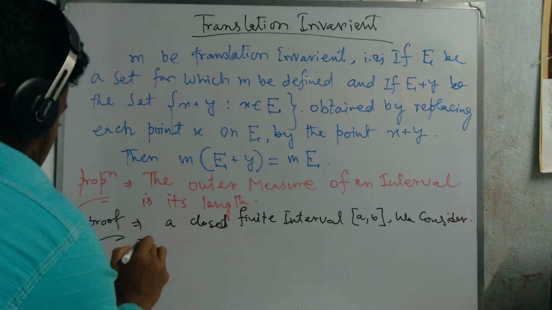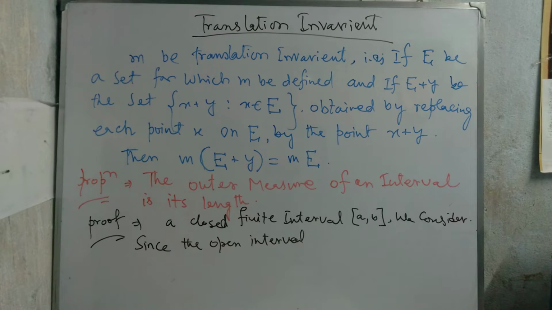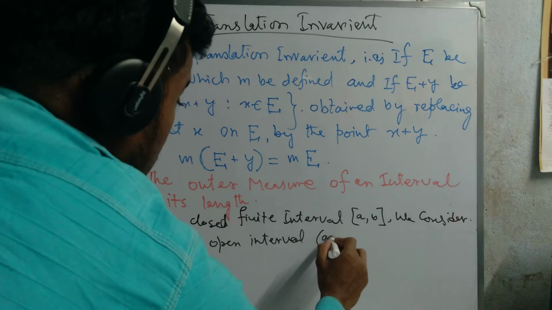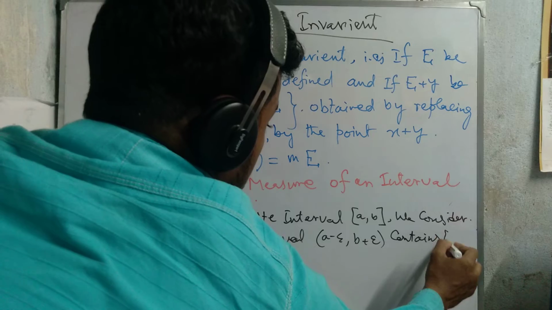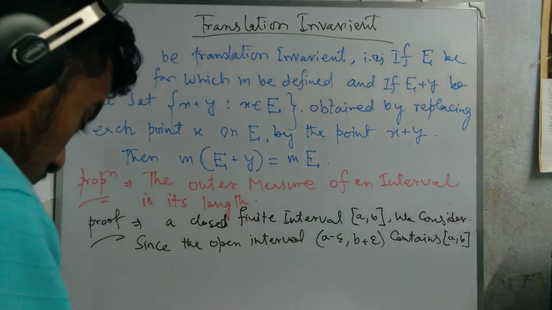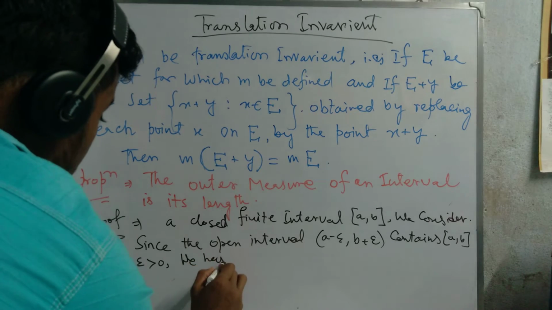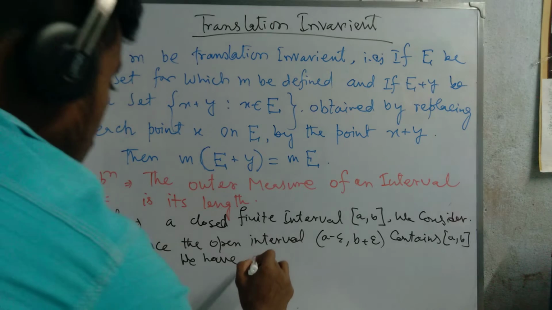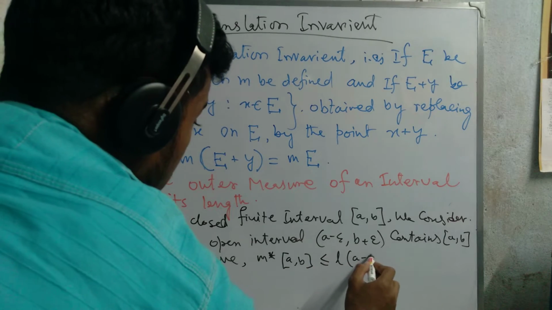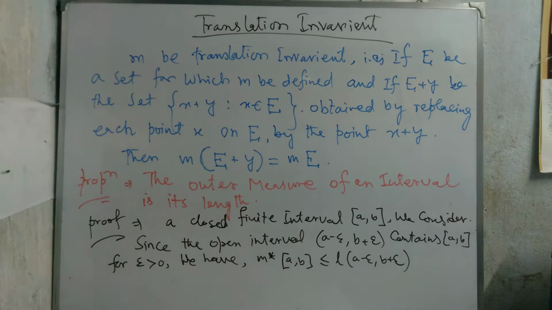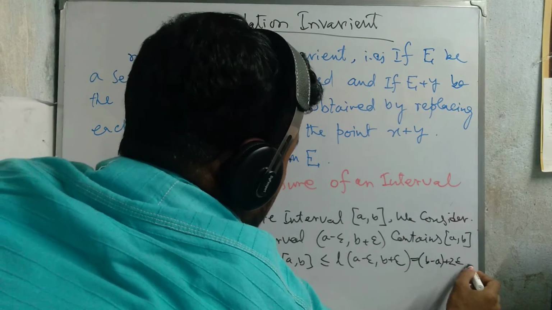Then since the open interval (a minus epsilon, b plus epsilon) contains the closed interval [a, b], for each positive epsilon greater than 0 we have m star of [a, b] less than or equal to the length of (a minus epsilon, b plus epsilon), which equals b minus a plus 2 epsilon.